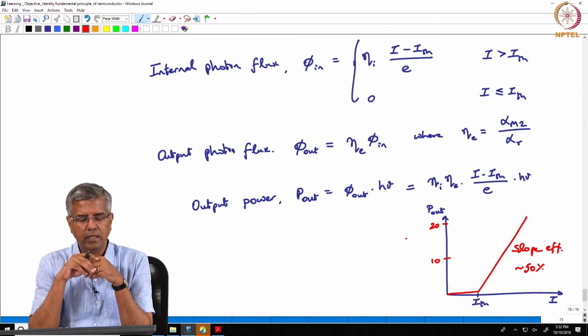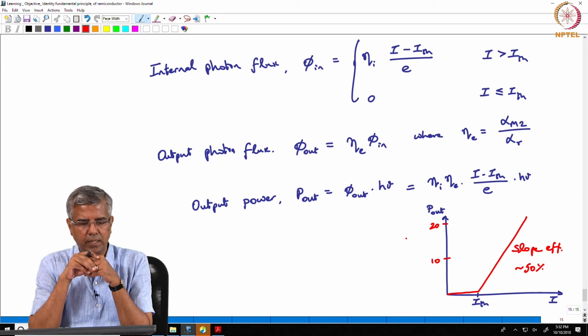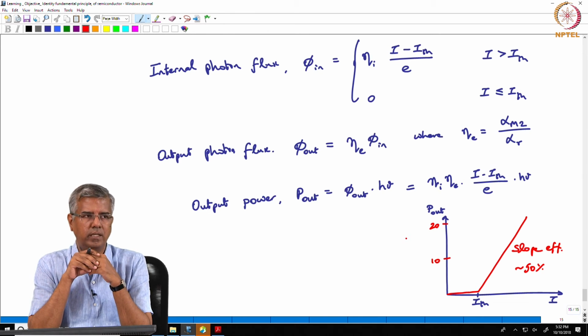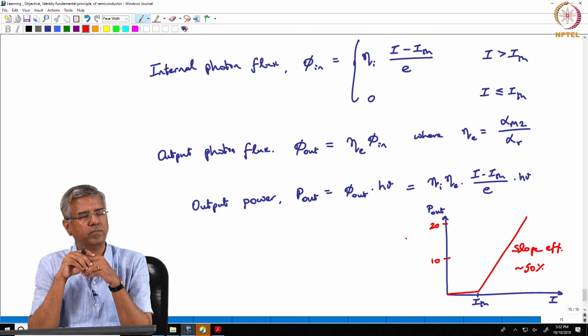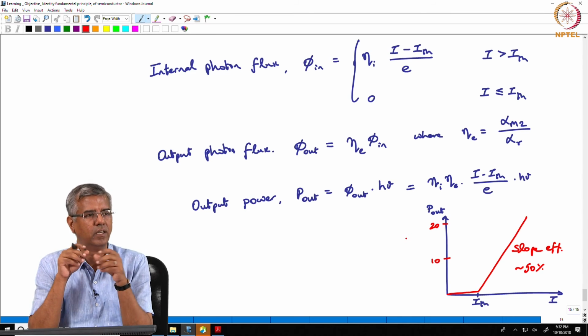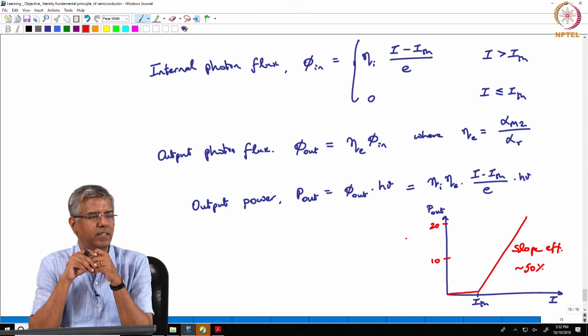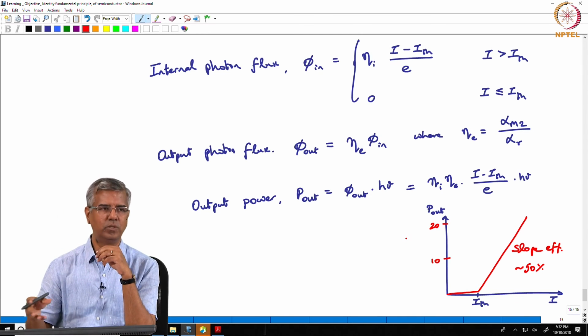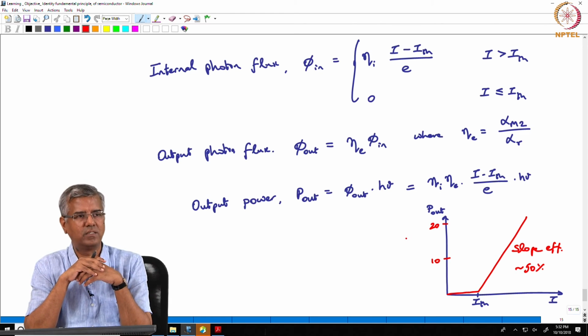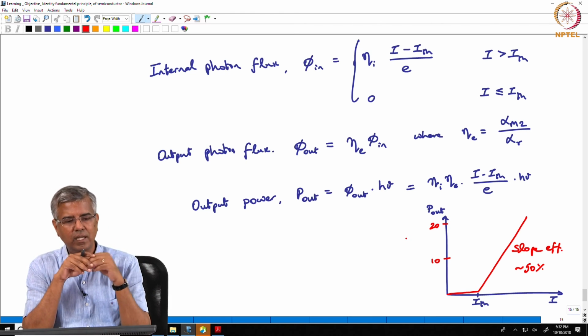On the other hand, I should also mention that in our laboratory, we have lasers that emit 120 watts, which is the highest power level that we have from a semiconductor laser. So, here I am talking about tens of milliwatts, there I am talking about tens of watts. So, what's the difference?